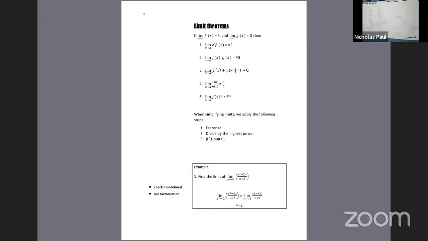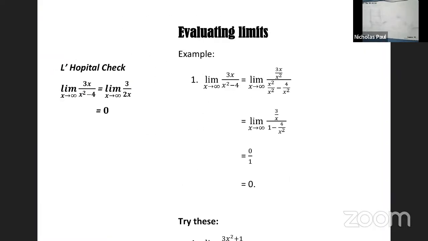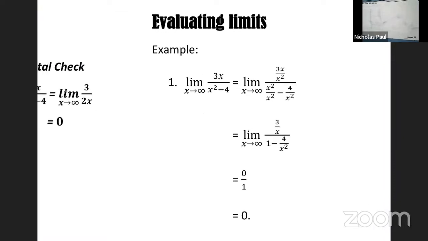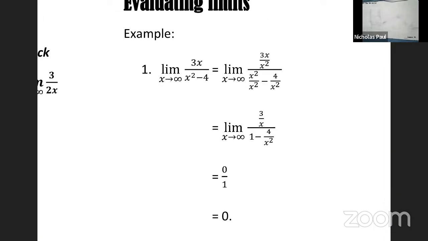All right, look at this next one here. We have a slight problem. When you plug in infinity, it's undefined. But we cannot factorize and simplify it. So in a case like that, you take the highest power, which is x squared, and divide every single term by x squared.